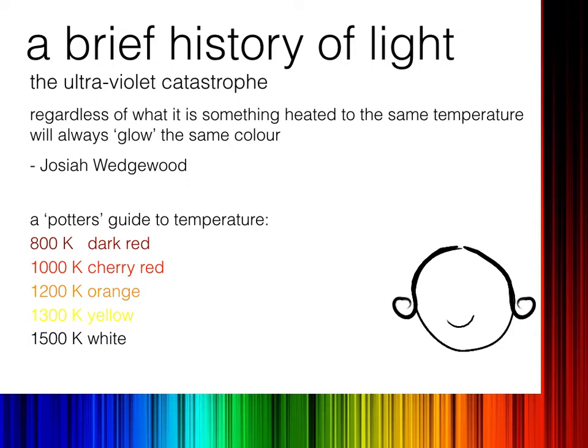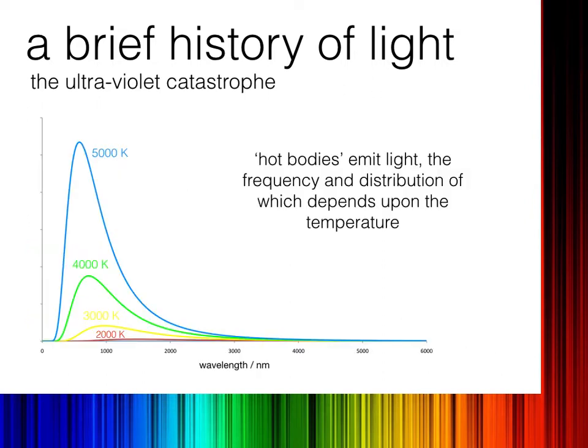So, regardless of temperature, bodies will always emit light. And if two things are at the same temperature, they will always emit the same colour of light, or the same spectrum of light. If I go back before, anything at 5,000 K will emit this spectrum.